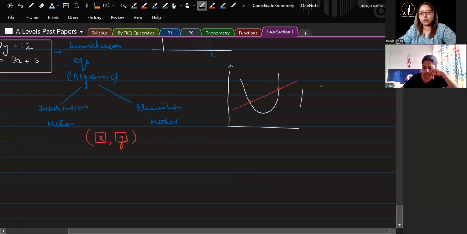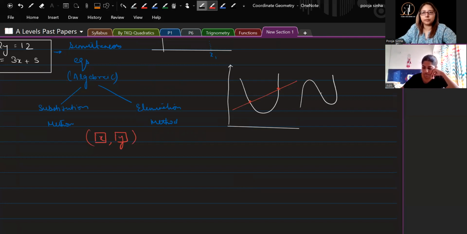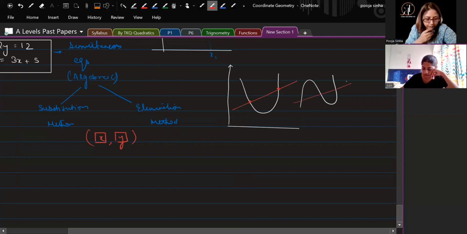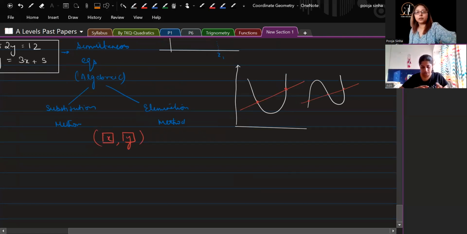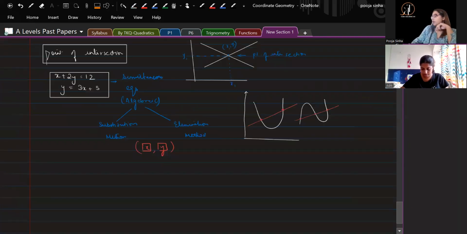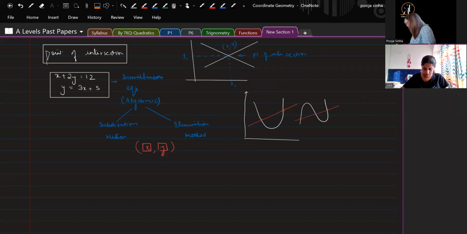Ma'am, for the previous graph, is the answer for the point of intersection 2/7 and 1/7? 2/7 and 1/7. Let me check. Do you know how to verify? Yeah, I did that. I actually checked both the line intersections. Yes, you got the same answer. You are getting the right answer. Give me a moment.